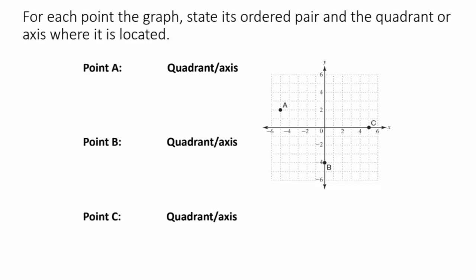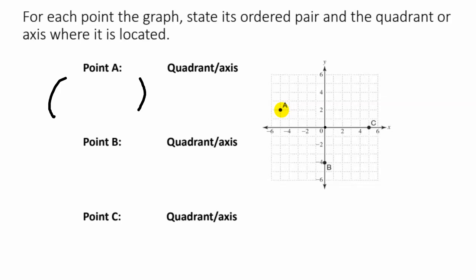Well, first off, here is our A point right here. Now, to determine its location, okay, I know that I've got to have an ordered pair. I know I have to start at the origin. Well, how do I get there?